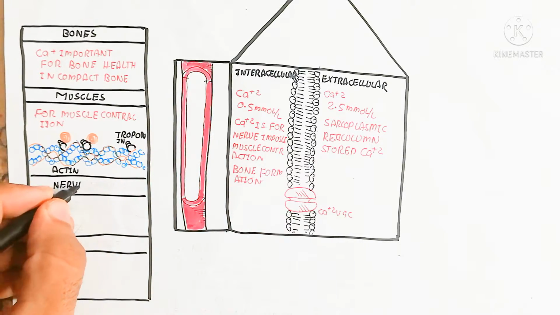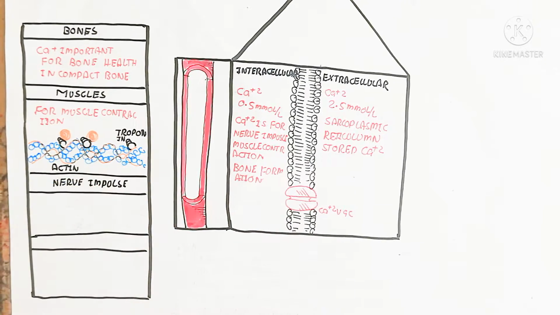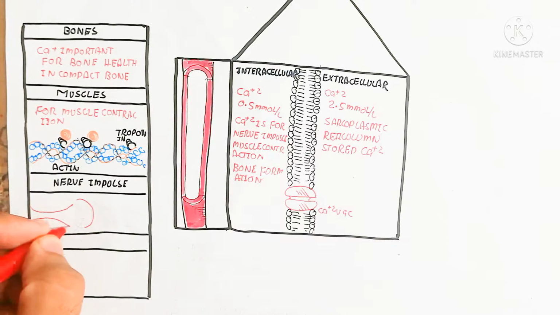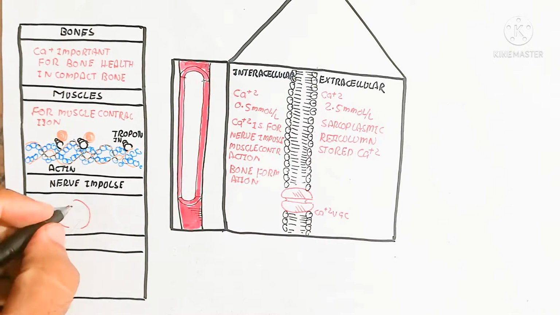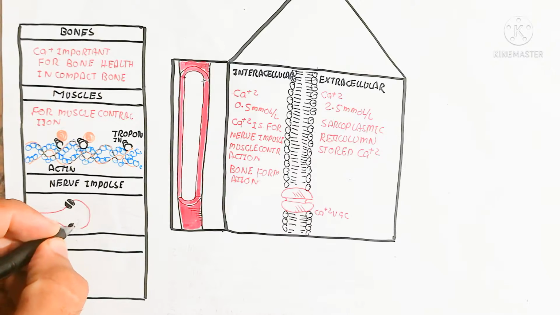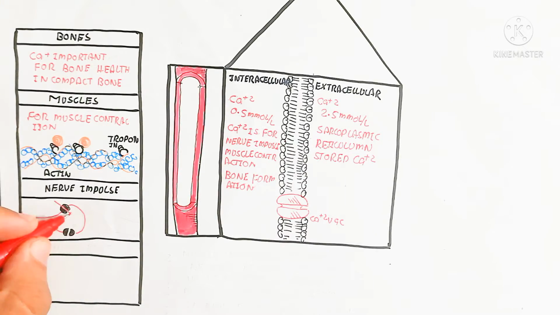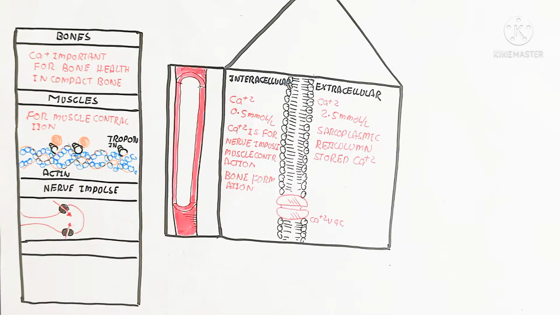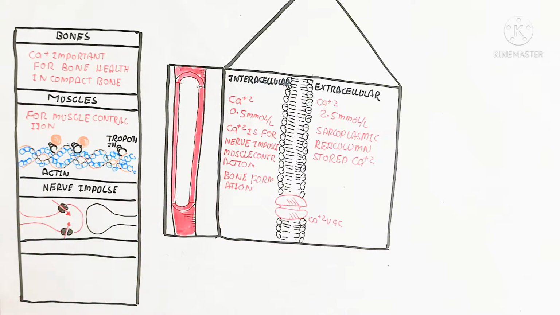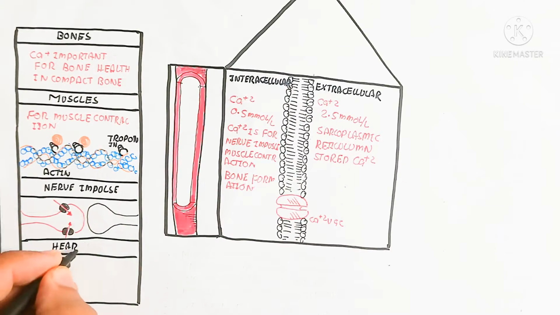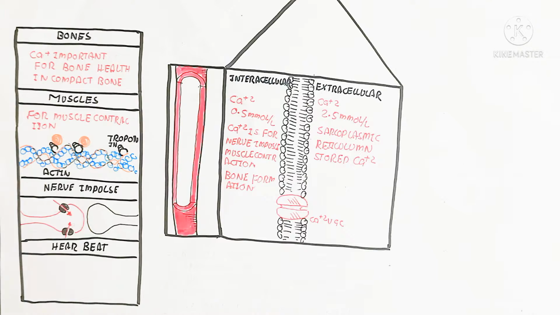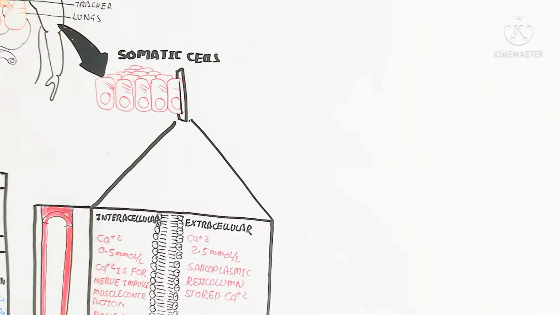For the nerve impulse, calcium moves inside the synapse, causing exocytosis of the neurotransmitter. Calcium is also important for the heartbeat, because the intercalated disc allows calcium to move to another cell for the whole contraction of the heart.